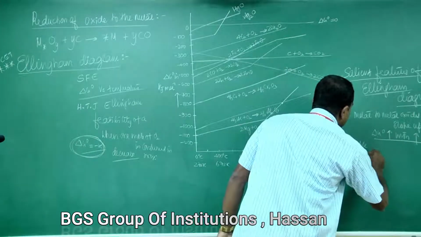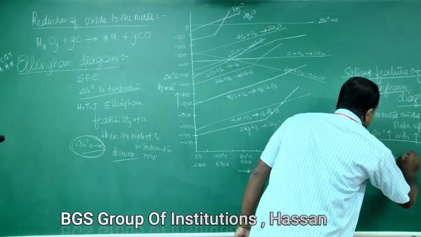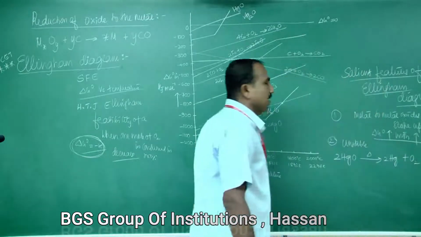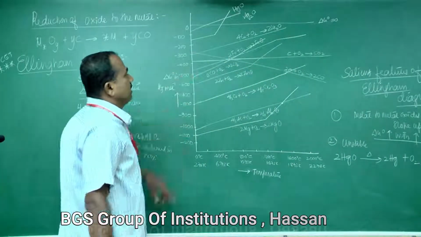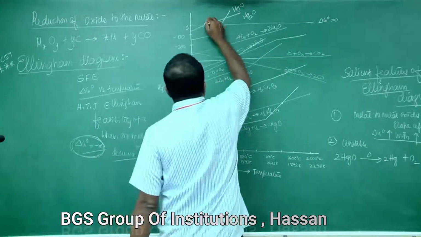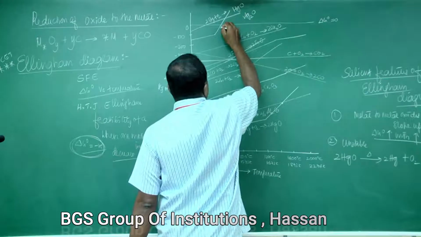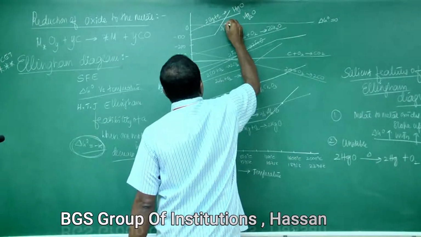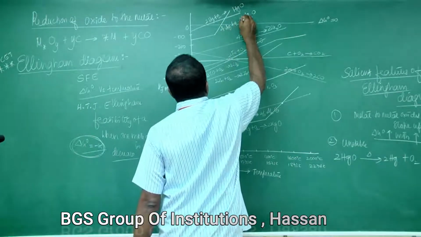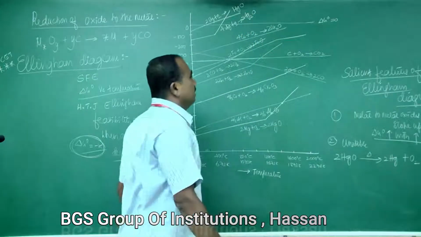2HgO on heating decomposes to give the metal mercury. So this reaction is 2Hg plus O2 gives 2HgO. Next is 4Ag plus O2 gives 2Ag2O.